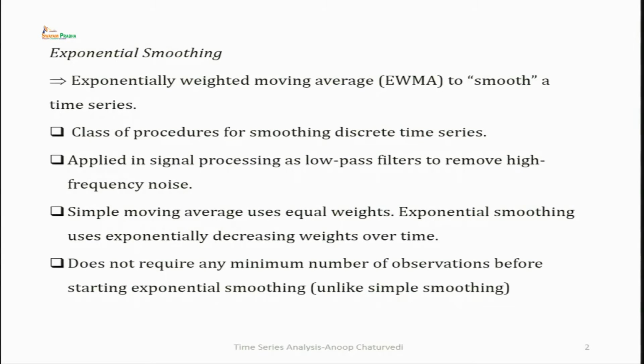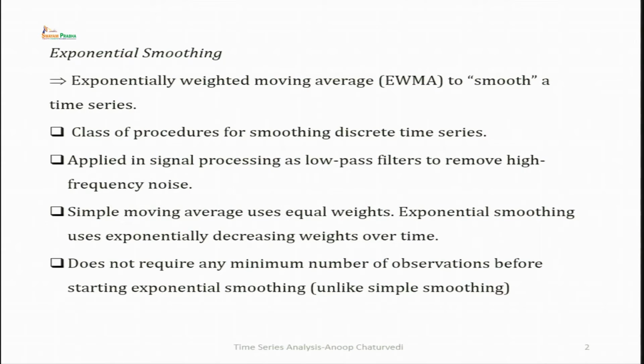We consider exponential smoothing, the exponentially weighted moving average, to smooth a time series. Basically, in the exponentially weighted moving average technique, we use weights which are exponentially decreasing. This is actually a class of procedures for smoothing discrete time series.